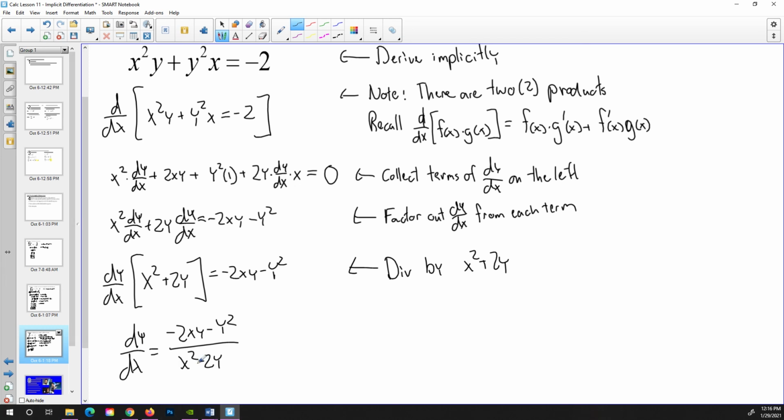I can't reduce anything because I don't have a common value to each of those terms, so we're going to leave that as our final answer.